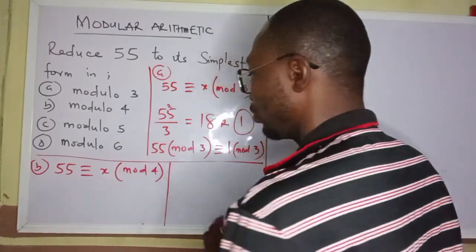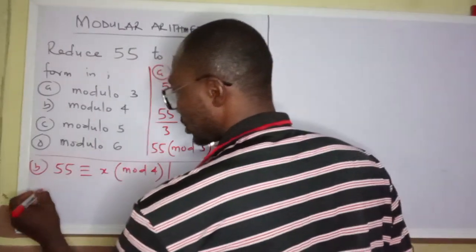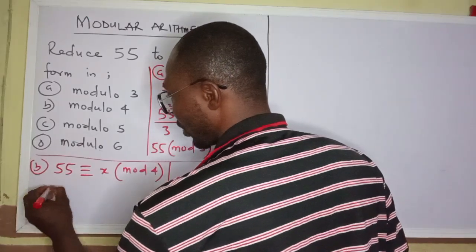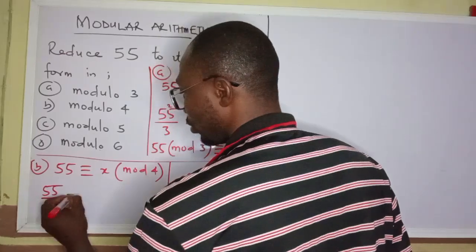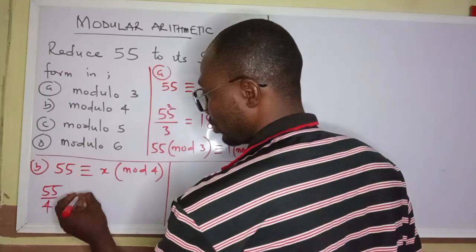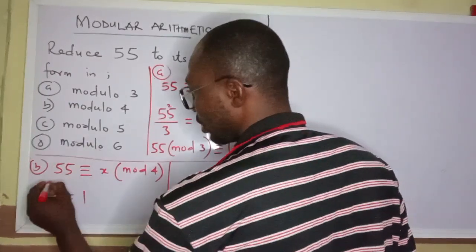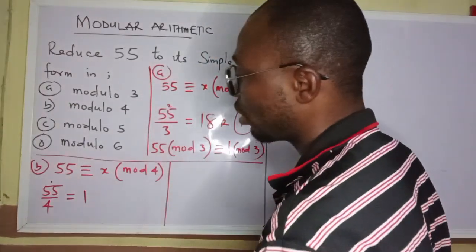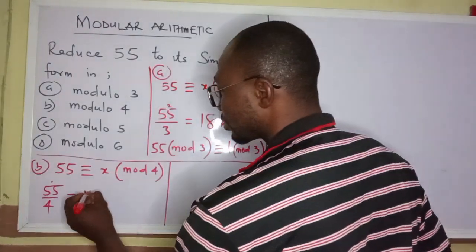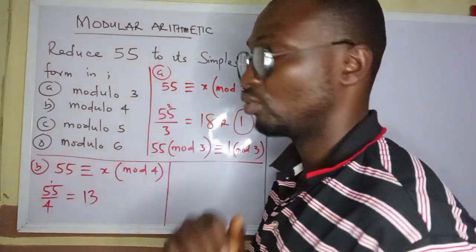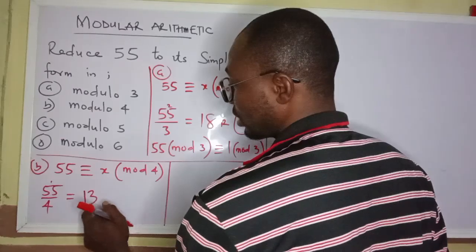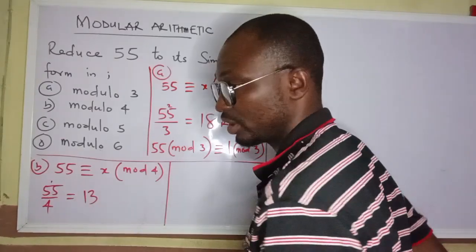So what is the remainder when 4 divides 55? 55 divided by 4: 4 in 5 is 1, remainder 1. 4 in 15 is 3 times, because 3 times 4 is 12, and 12 from 15 is 3.